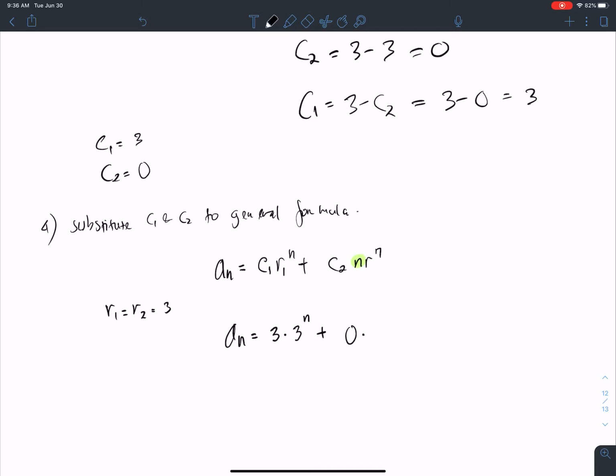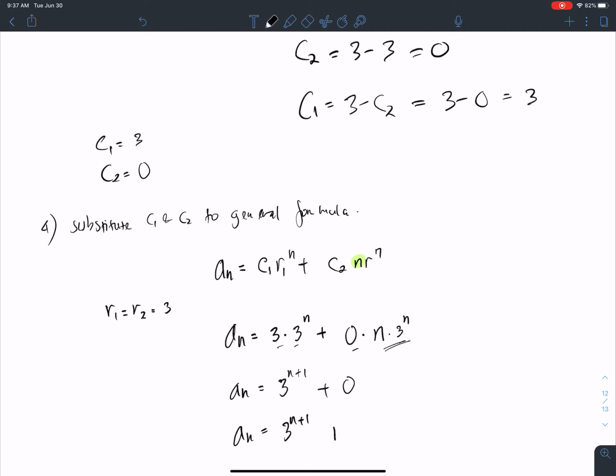I'm not expecting 0 here. Times n times 3 to the power of n. So we have 3 to the n plus 1 plus 0 times any number here, that will be 0. So the final one will be 3 to the n plus 1.